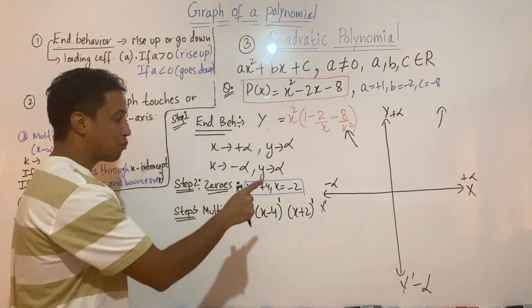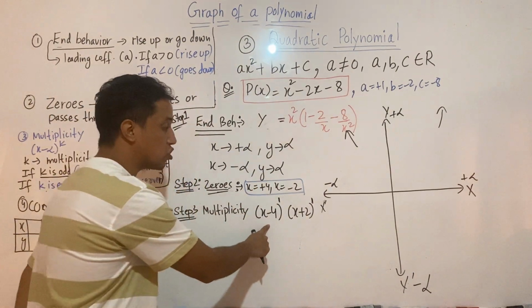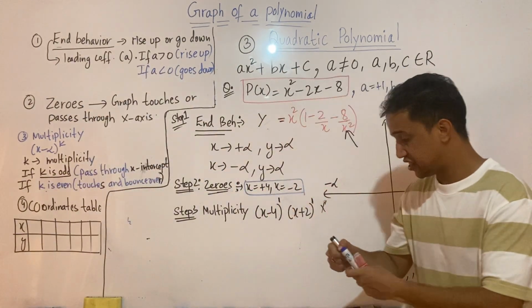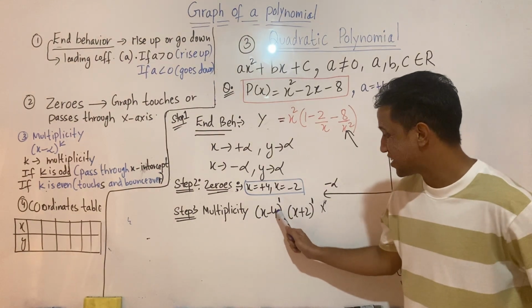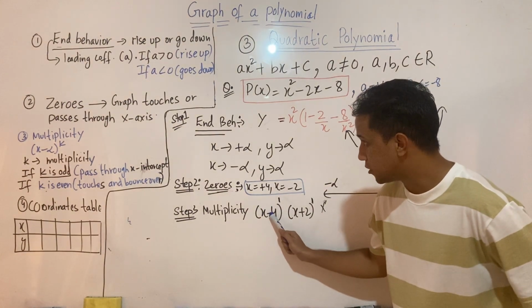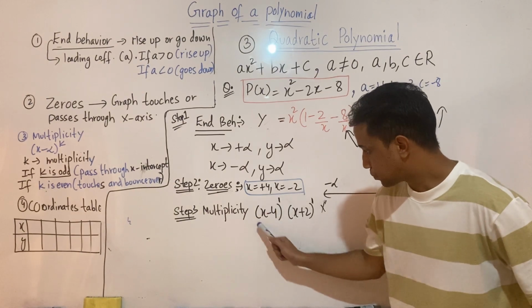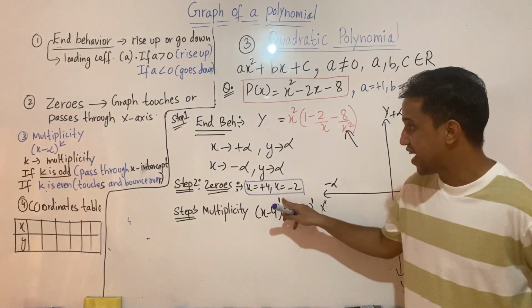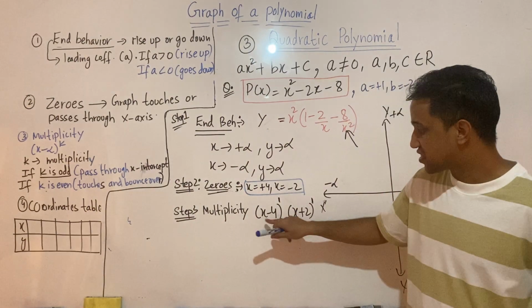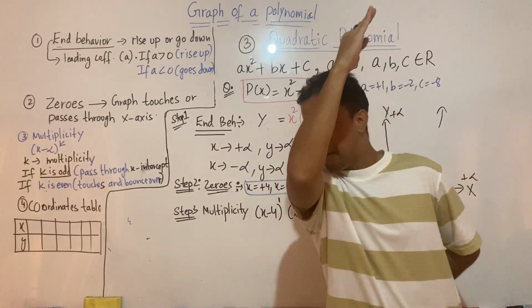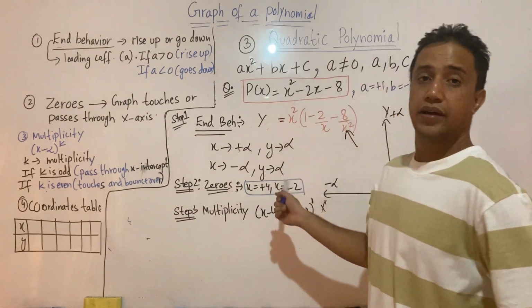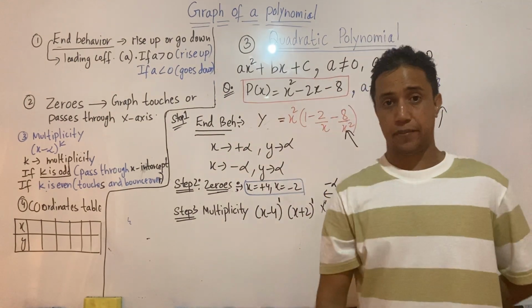It means at x equal to 4, because multiplicity is odd, (x minus alpha) raised to the exponent k is odd, the curve will pass through the x-intercept, right?